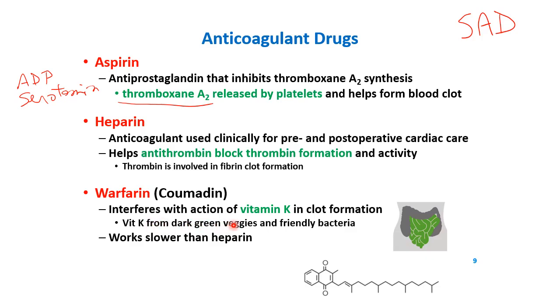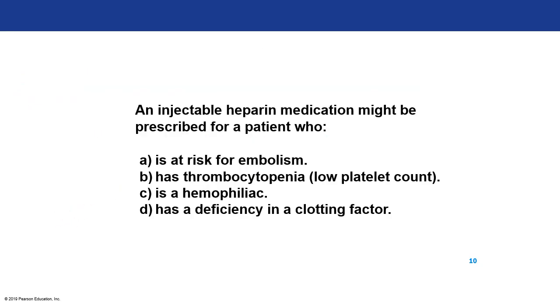Those dark green vegetables are really going to feed the bacteria to produce your vitamin K. So people who are taking warfarin usually avoid taking a lot of dark green vegetables like collard greens or spinach, because if you take a lot of those, they're going to increase the production of vitamin K, which really slows down the effectiveness of the drug, right? So you might know older people who are taking Coumadin for avoiding spontaneous coagulation processes.